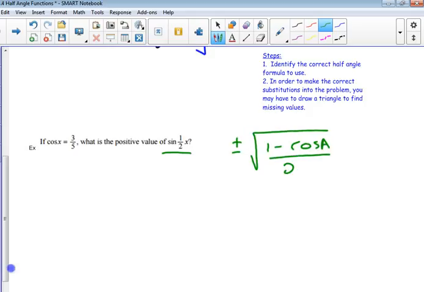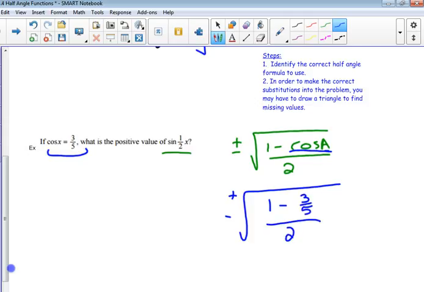A over 2. Are you okay with why I'm picking which formula? Great. So in our formula, I need to know something about cosine. Do you already know it? Yeah, this is great. It's 3/5. So all we have to do is sub everything in now: 1 minus 3/5 all over 2. Why don't you try this one out?